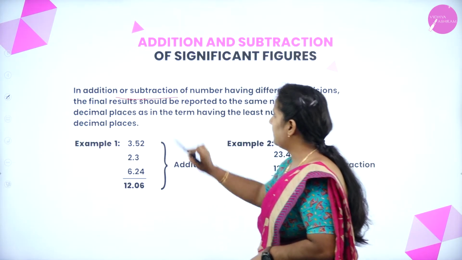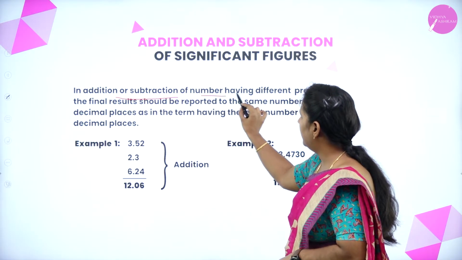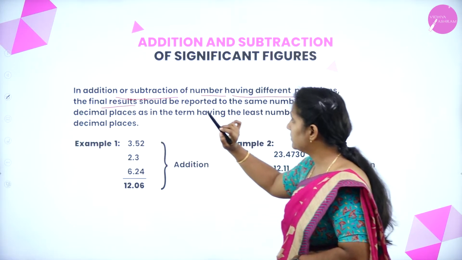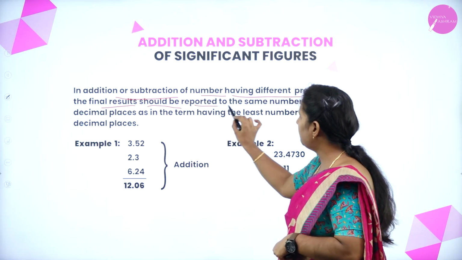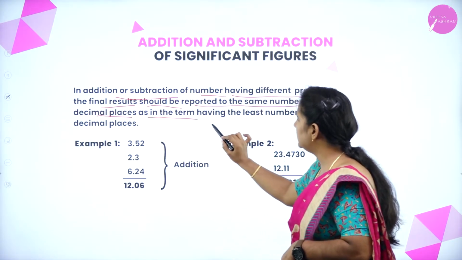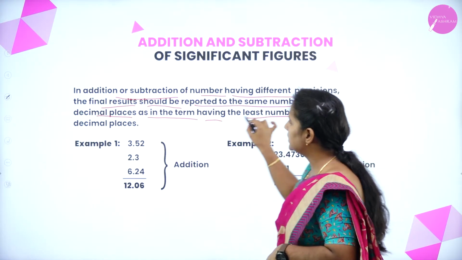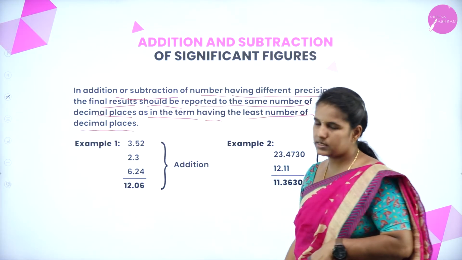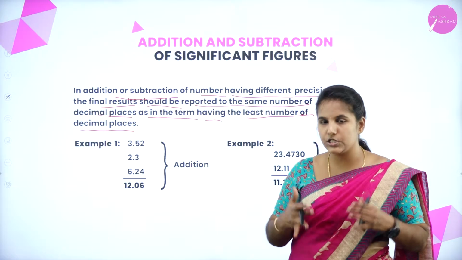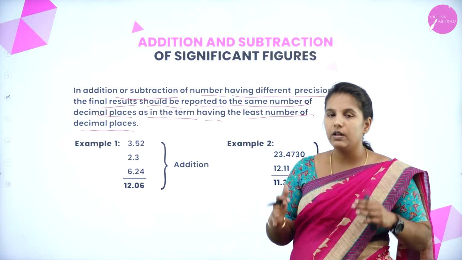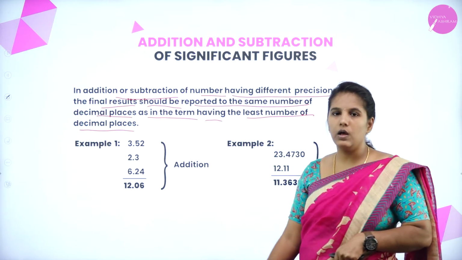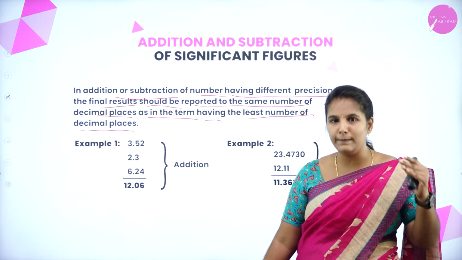In addition and subtraction of numbers having different precision, the final value should be reported to the same number of decimal places as the term having the least number of decimal places. So, while reporting the results of addition and subtraction with significant figures, we have to check which number has the least number of decimal places.